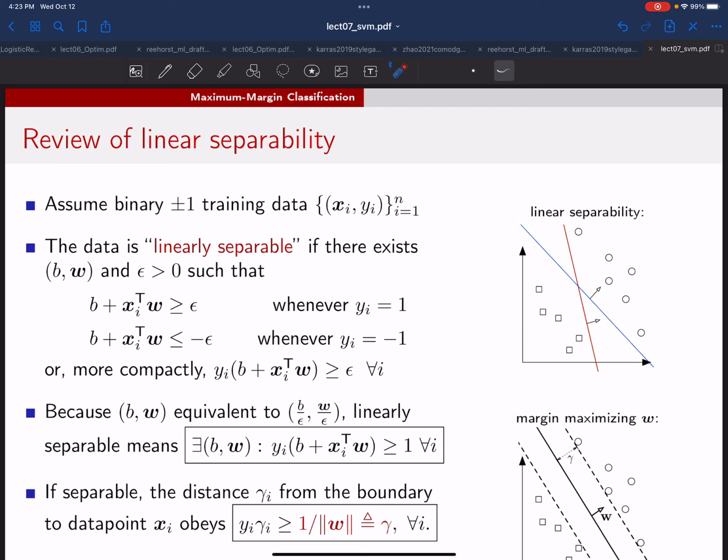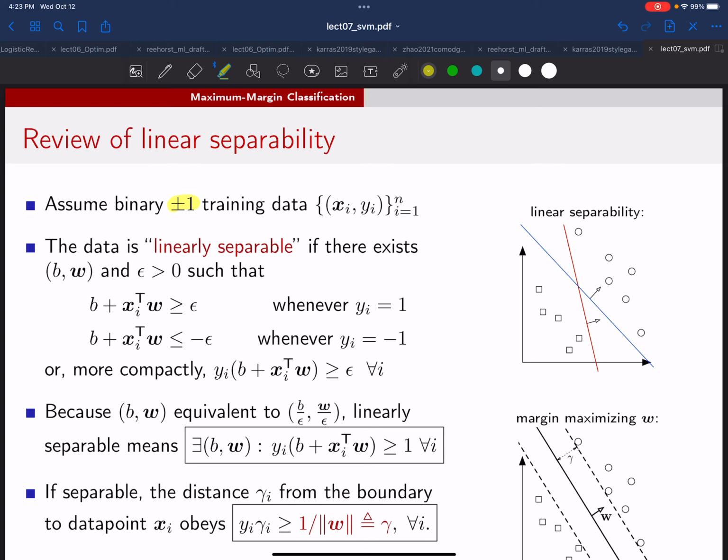So now we'd like to write this down mathematically, just with equations. For this slide, just because the notation is a little cleaner, we're going to assume that our labels, y's, are plus minus 1 rather than 0, 1.